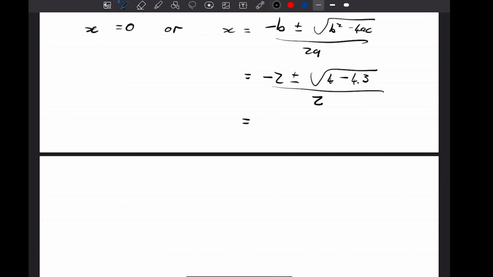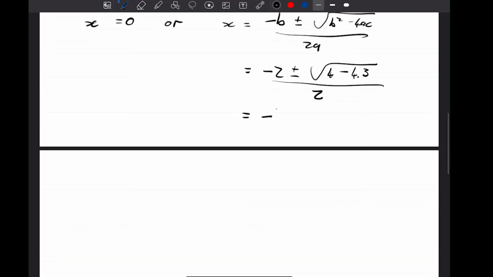So what have we got here? That is minus 1 plus or minus a half the square root of 4 minus 12, which is minus 8.